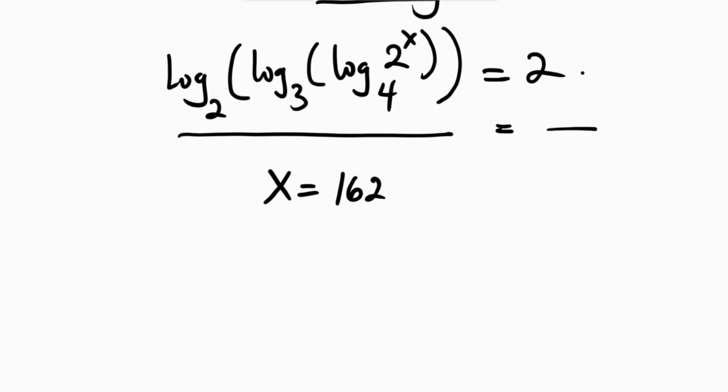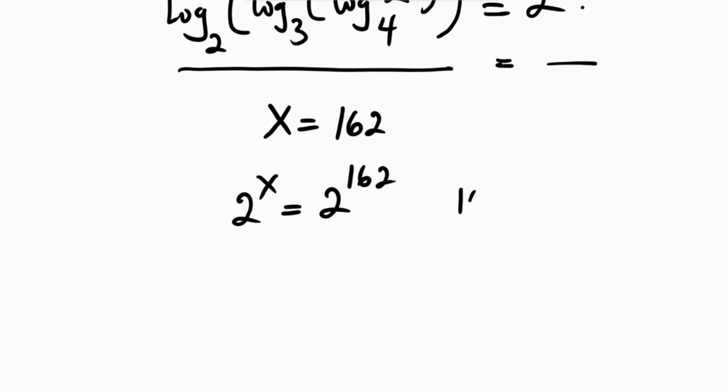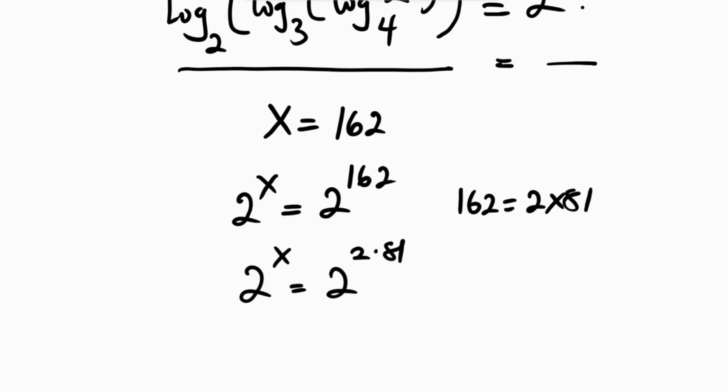Now from our equation earlier, we've found that 2 raised to the power x is the same thing as 2 raised to the power 162. And 162 is the same thing as 2 times 81. So this becomes 2 raised to the power 2, 81.